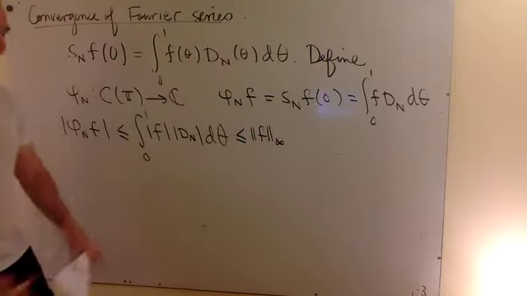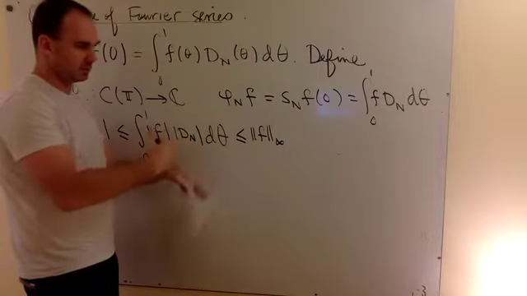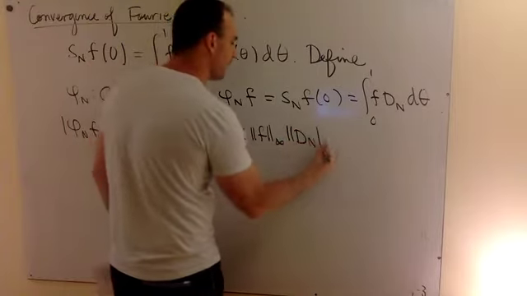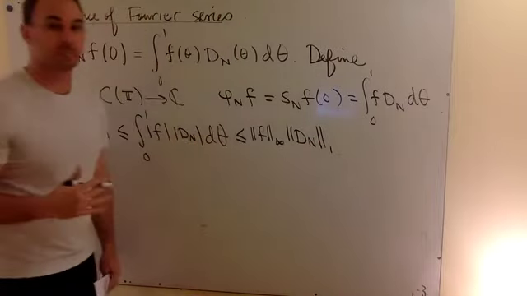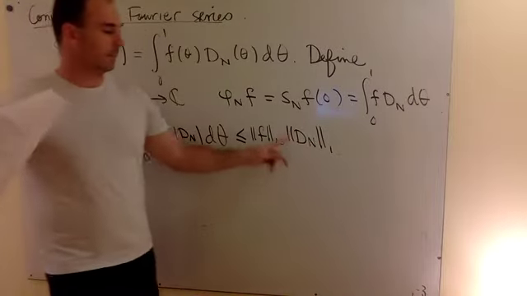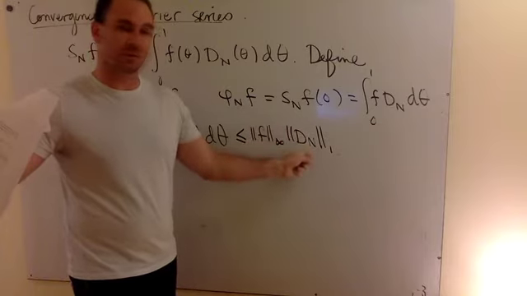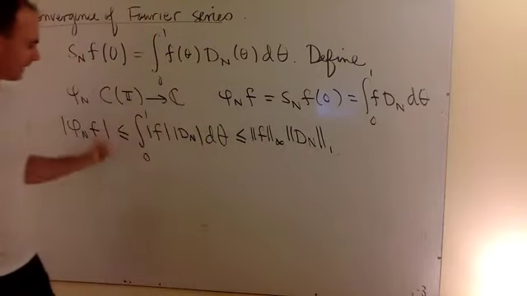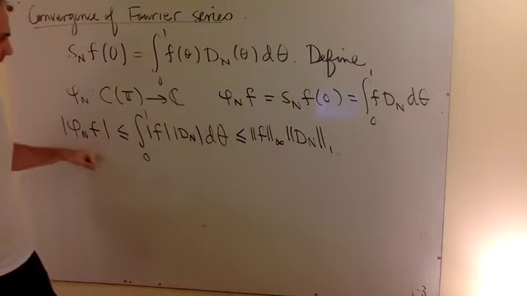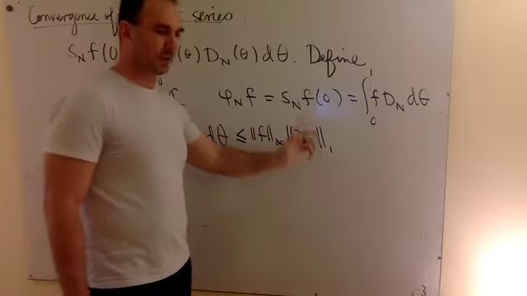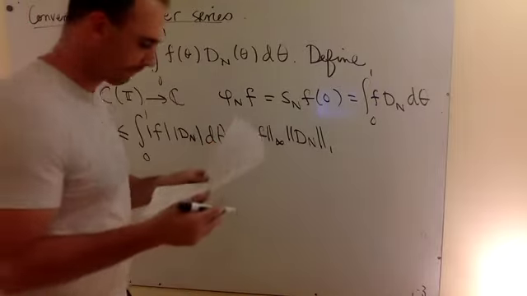I can pull out f, since this is a continuous function, it's bounded. And then I'm left with something kind of bad, the L1 norm of the Dirichlet kernel. Now, this is finite for each n, but remember we did this calculation that this goes off to infinity. Now that doesn't really help us a lot, because this is bounded below by this guy, and that going off to infinity is bad.